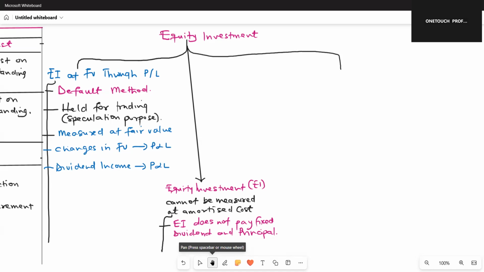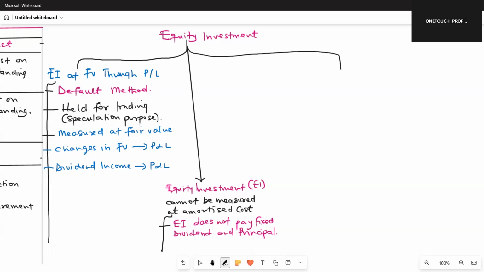But if it is not held for trading, then you can treat it at fair value through P&L, or if you think that treating it in P&L will create an accounting mismatch, then you have an option to designate it as fair value through OCI. But the conditions are that, one, it is not held for trading, and two, there should be an irrevocable election to do so. You cannot reverse that decision.